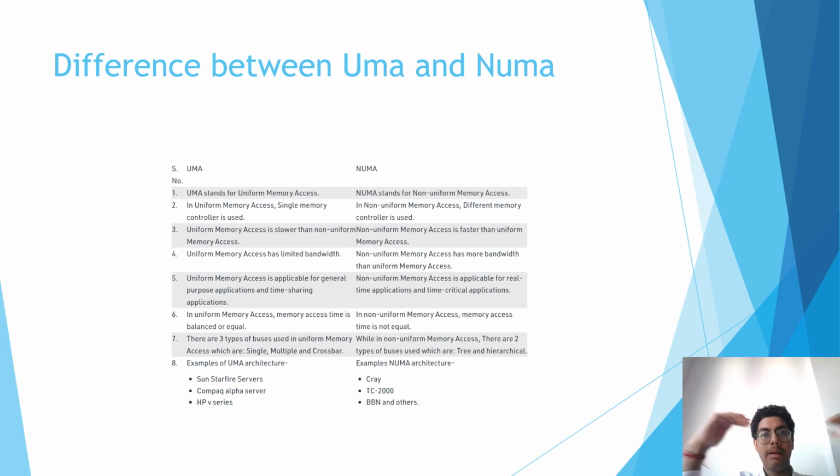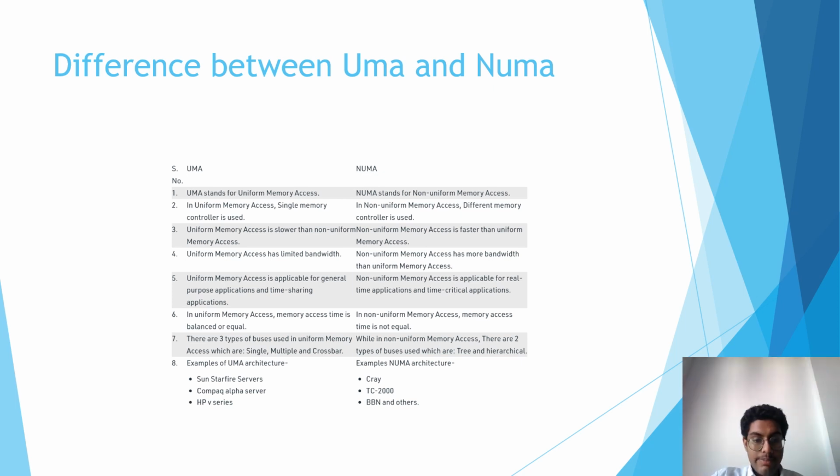Like this is the memory and this is the memory access for the processors. The processor can access this memory at the same point in time, and it will take the same and balanced time, and for this also the same and balanced time. But in NUMA, the memory is here, and the processor is here, let us say, and the local memory is also here. So local memory can be reached faster, whereas non-local, remote memory can take some time.